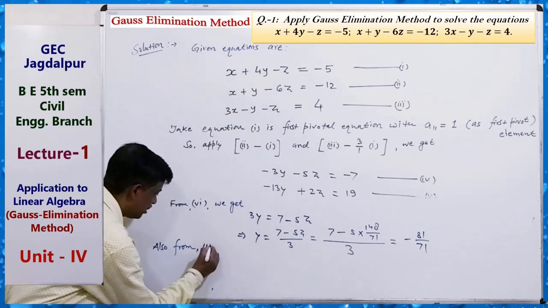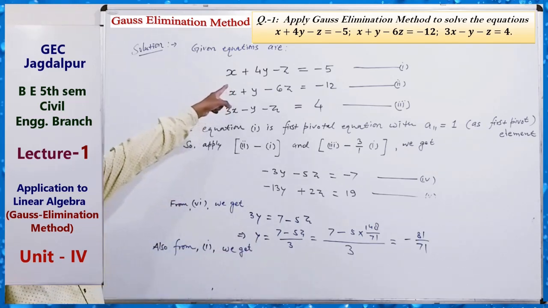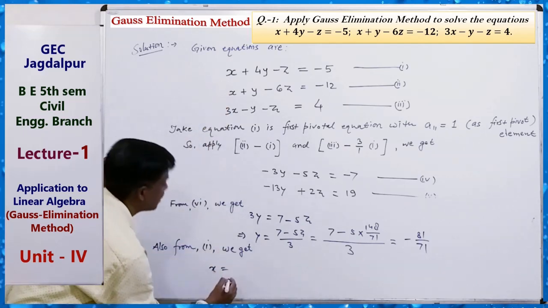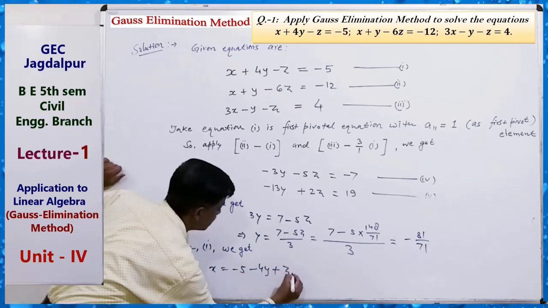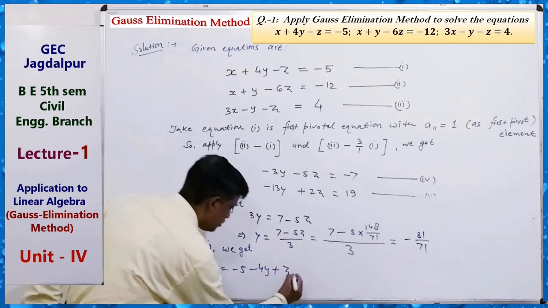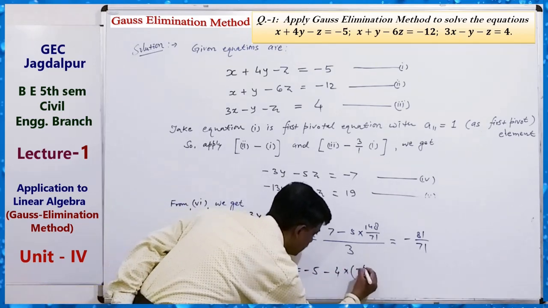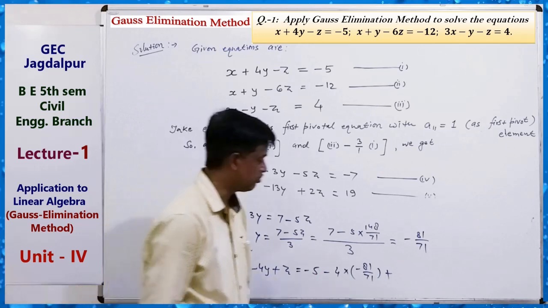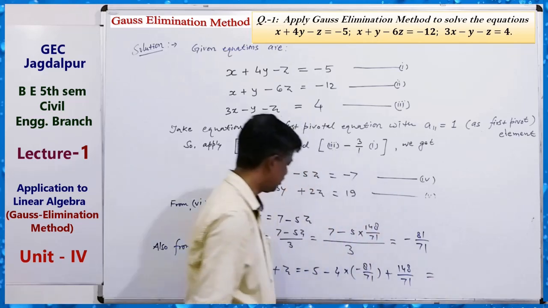Now from 1 we get the value of x, so x equals to minus 5 minus 4y plus z. Just put the value of y and z. This is equals to minus 5 minus 4 into y, that is minus 81 upon 71, plus z, z equals to 148 by 71.